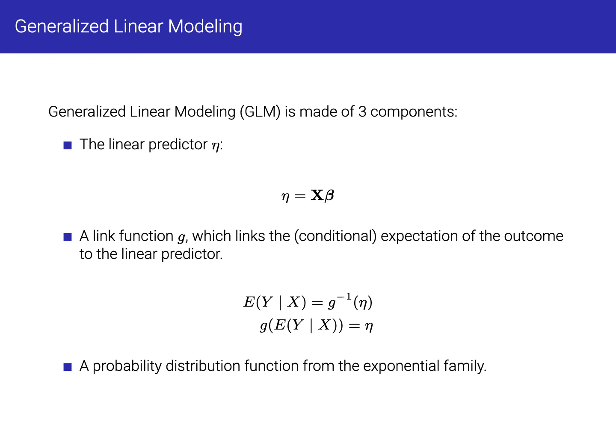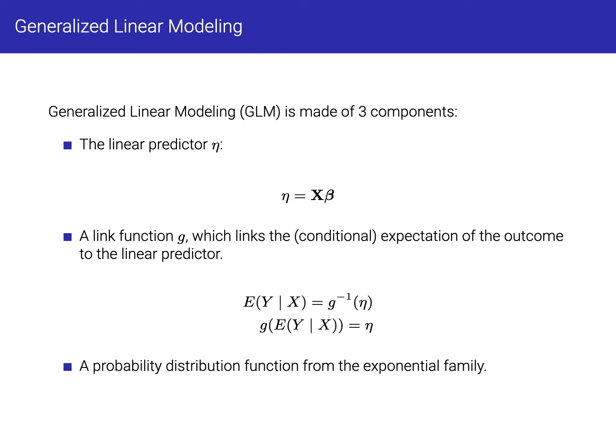Another way to say that is that a function of the expectation is equal to the linear predictor. So depending on whether we put the function on one side of the equation or the other side, we have either the link function or the inverse link function. That's what the G with the superscript -1 means. It means the inverse of G, the inverse function.